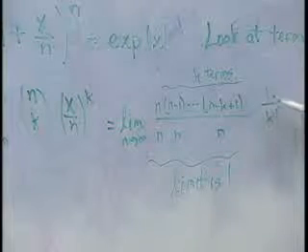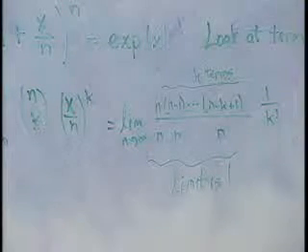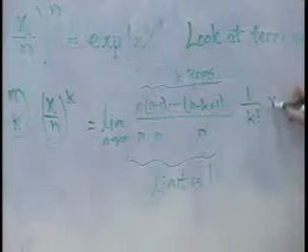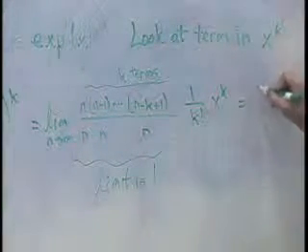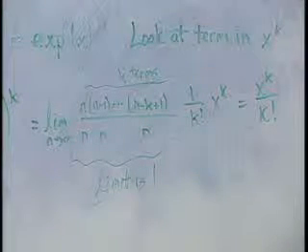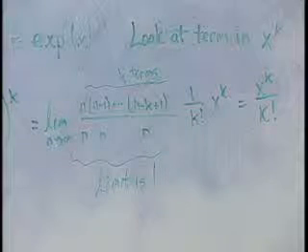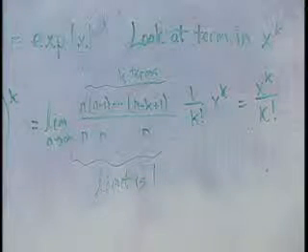Each of them individually goes to 1, and there are only a finite number of them, namely k. And I've still got my x to the k. So this limit is x to the k over k factorial, which is precisely the term in the series that has x to the k in it.